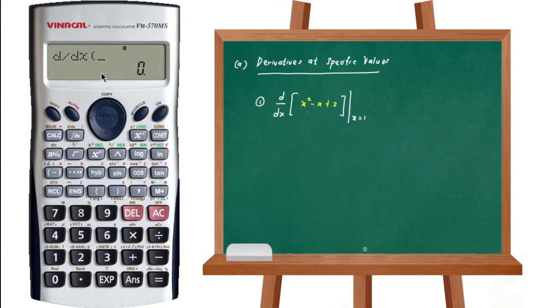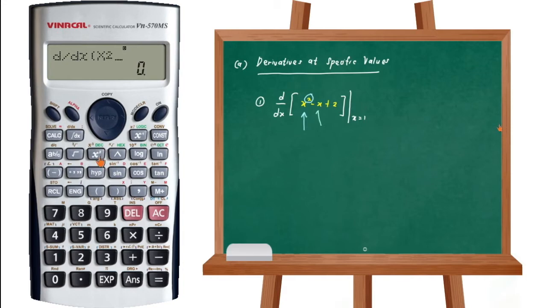What we need to do next is to key in this function, x squared minus x plus 2, in the calculator. So to include this x squared, we press alpha, this button, and then followed by this button. Notice that at the top of this button we have the letter x. Next, we need to include this power 2, so we press this button.